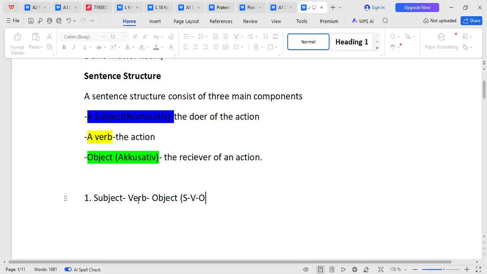Subject, verb, and object. Beispiel: Ich esse. Ich esse ugali.